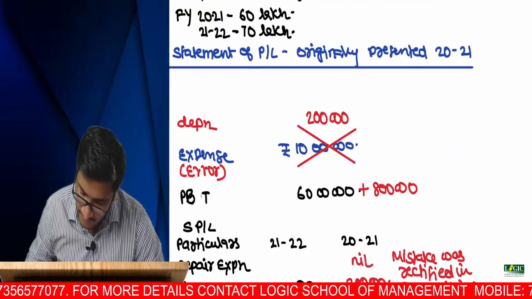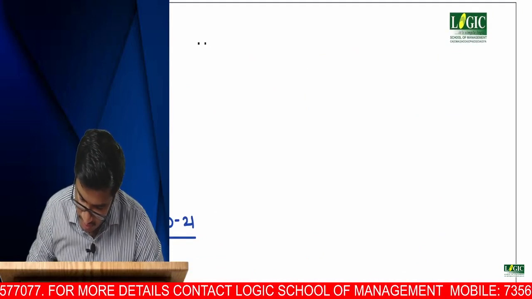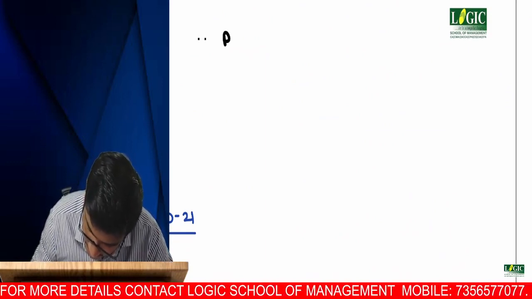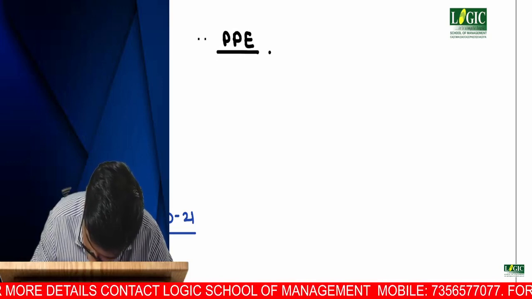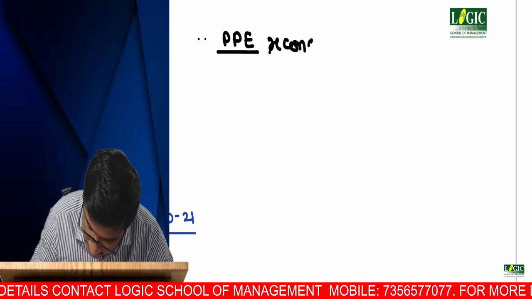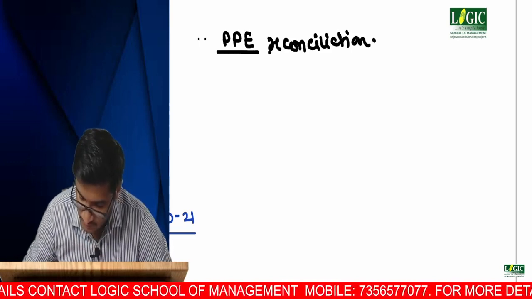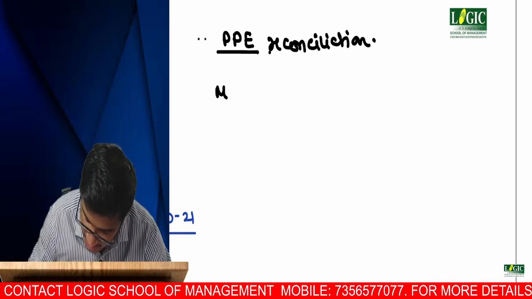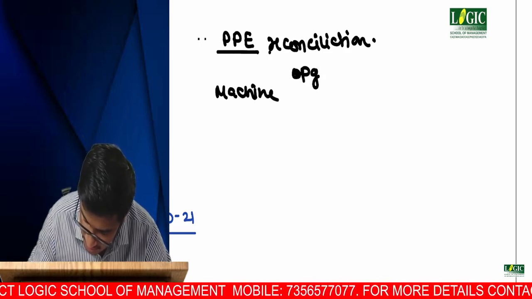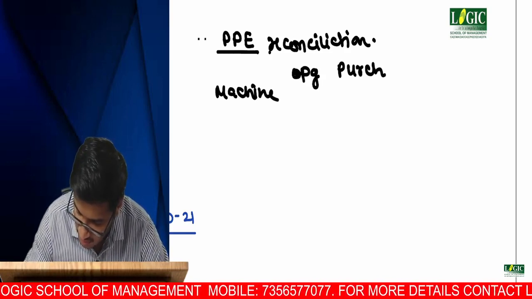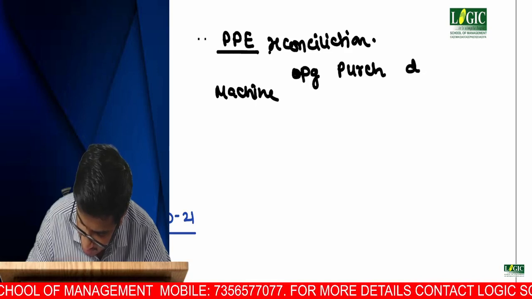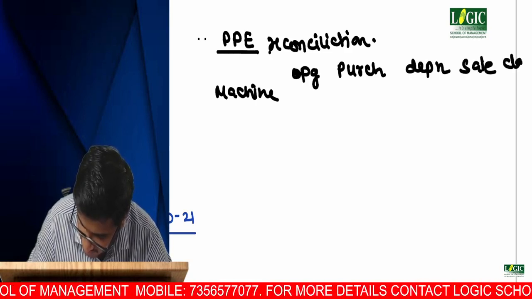Now if you have prepared the PPE reconciliation, so machine: opening balance, addition or deletion, purchase, if there is, similarly sale, depreciation, sale, closing.